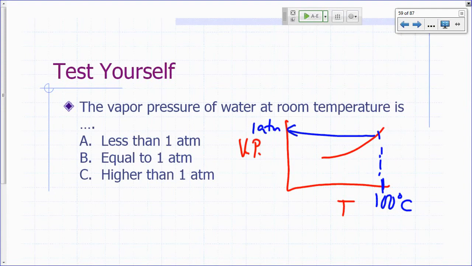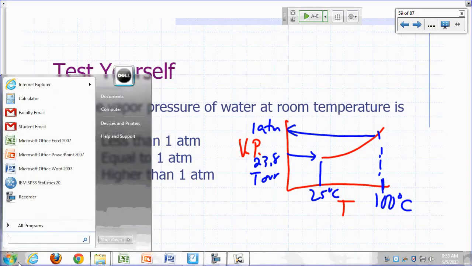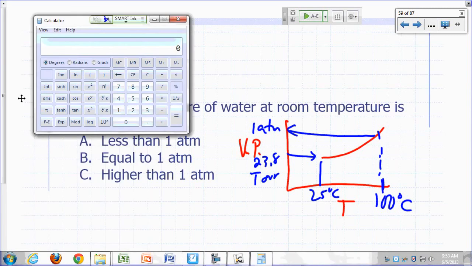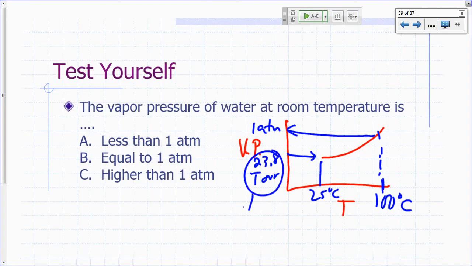In fact, at room temperature, at around 25 degrees Celsius, your vapor pressure is about 23.8 torr. How many atmospheres is that? Do you remember how to calculate that? It's 23.8 divided by 760. That's 0.03 atmospheres. Okay? That's more or less what the vapor pressure of water is at room temperature.